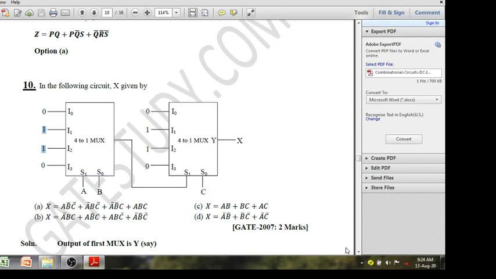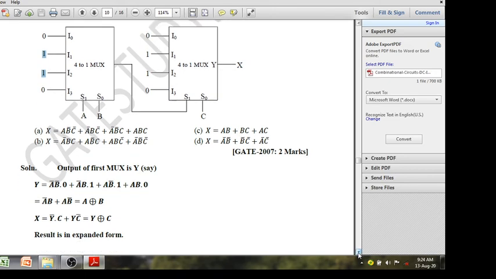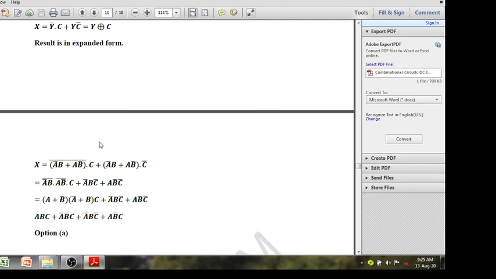And when you solve, it will give the required answer. This is the XOR gate. Then Y bar C plus Y C bar, again it is an XOR gate. So final is this, A XOR B XOR C.